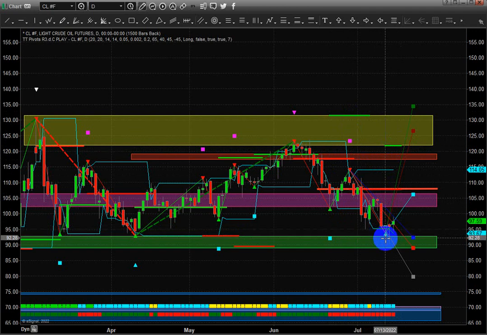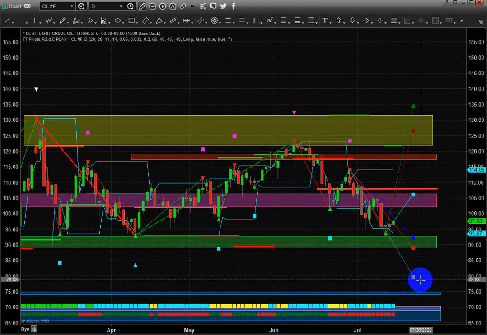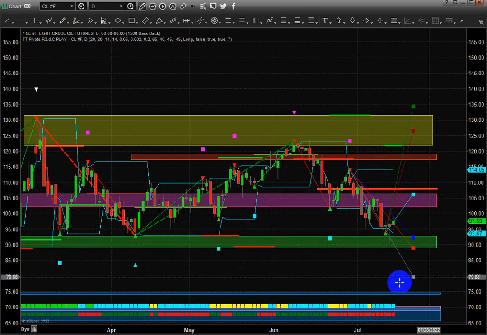So we need to see a substantial rally back to the upside before we're going to see any bullish trending in the crude oil, and we need to stay below these red levels here, 107.82, for confirmed bearish trending. Confirmed bearish trending shows us that we're going to go down to this blue level here, which is 92.66 or 89.06, or we come down to this level, roughly 79.62.